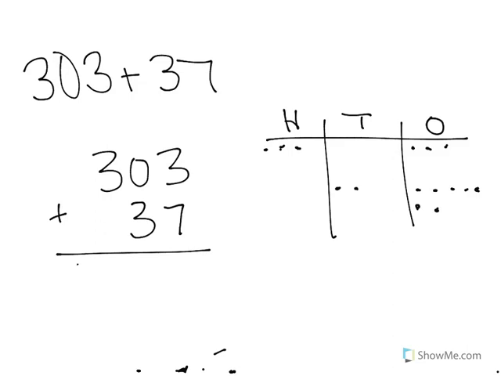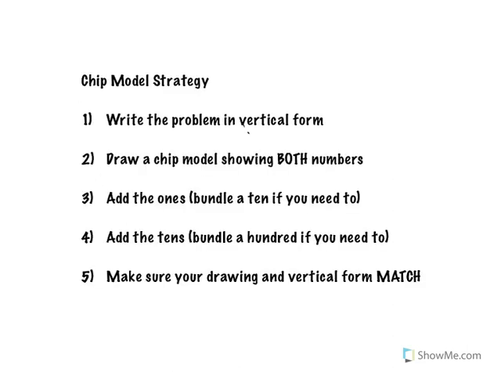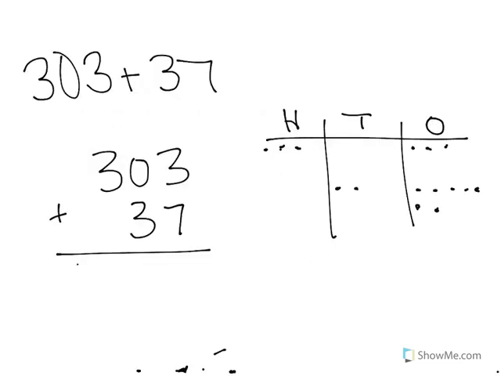All right, let's go back to my steps and see how I'm doing. Let's see, 1, write the problem in vertical form, check. 2, draw a chip model showing both numbers, check. All right, so now I'm on to step 3 and 4, which say add the ones and add the tens. Let's look back at our problem. I see 3 and I see 7.